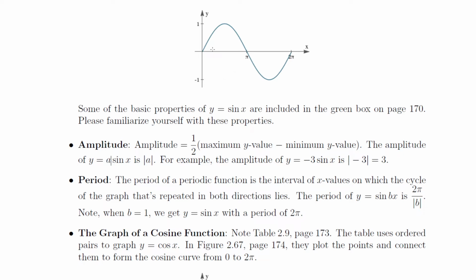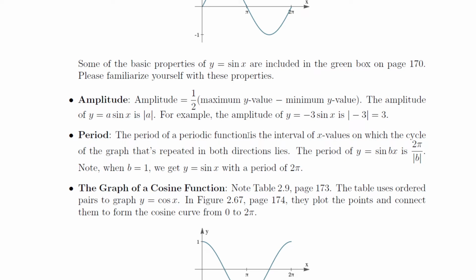If you're trying to find the amplitude by looking at the graph, you can do it just based on what I showed you here. But if you're just trying to find the amplitude based on the equation, it's always going to be the absolute value of the number that sits in front. So if we have y is equal to -3 sine of x, the amplitude is just going to be the absolute value of -3, and the absolute value of -3 is going to be +3.